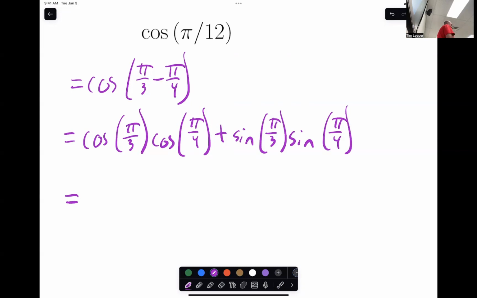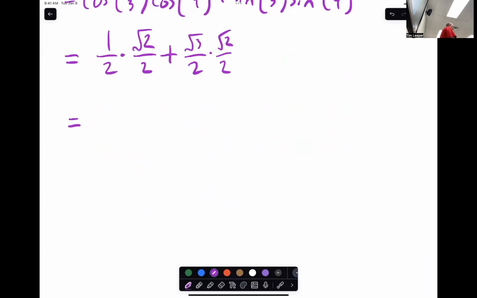What is the cosine of pi over 3? 1/2. Times, what's the cosine of pi over 4? Square root of 2 over 2. And then plus the sine of pi over 3. What is that? Square root of 3 over 2. Good. Times the sine of pi over 4, which is square root of 2 over 2.